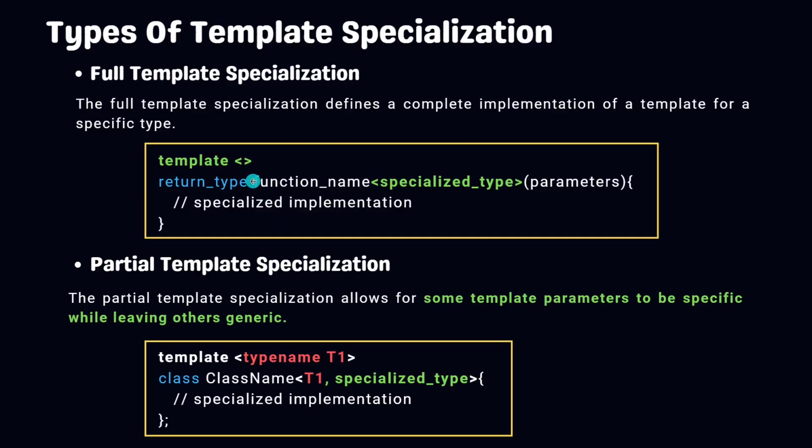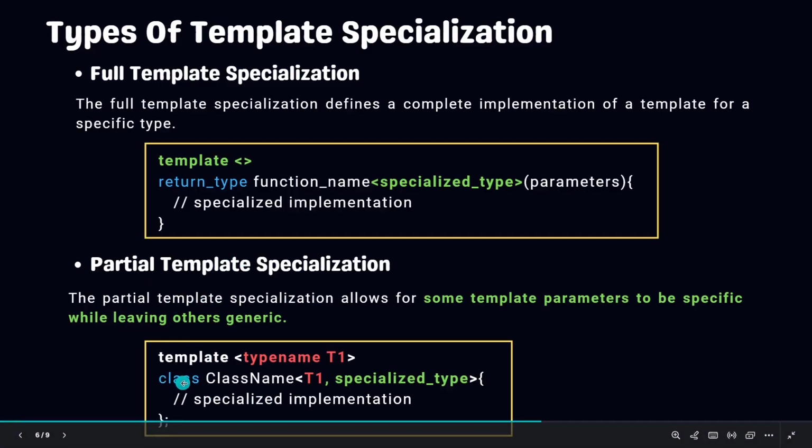If I have a mixed match of data types, then it is only for those data types, for example string and character. So that complete template method works for the string and character data types. For that class we are specializing fully. I will show you the same example in the next slide. Now, what is partial template specialization? If you see this class, here I am using a template class.